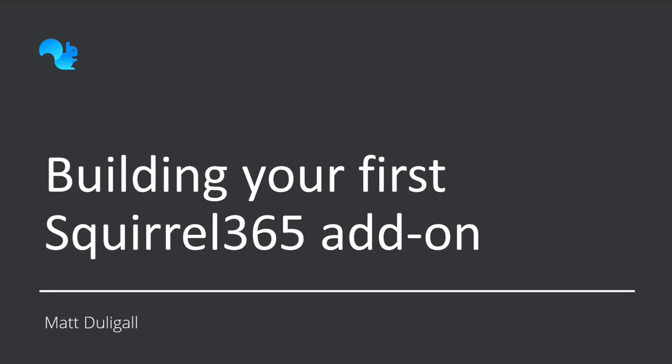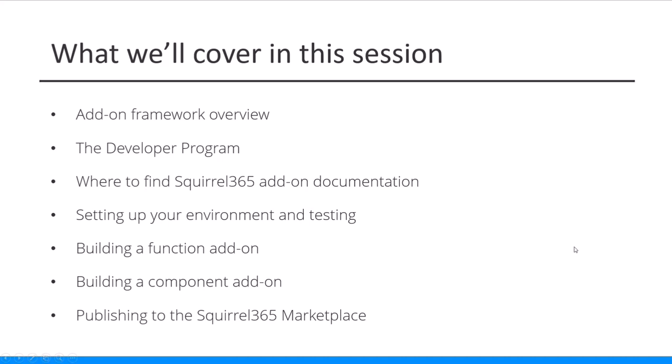Welcome everyone to the webinar today. What we're going to be looking at is building your first Squirrel 365 add-on. So what we're going to cover in this session today: a very brief overview of the framework. Then we'll look at the developer program and how you get signed up. Then we're going to look at the Squirrel 365 add-on documentation, where you can get it, and how to navigate it. Then we'll briefly look at setting up your environment and testing.